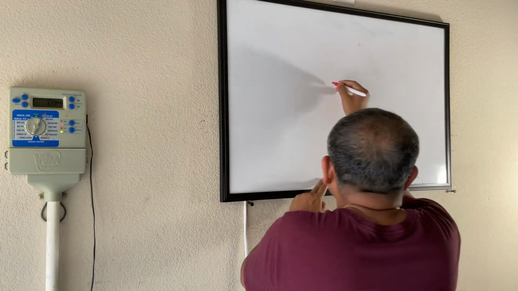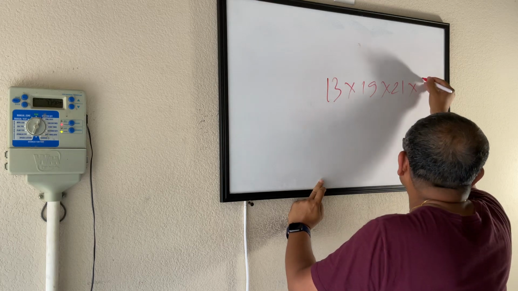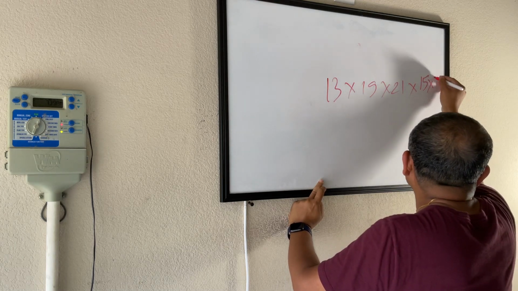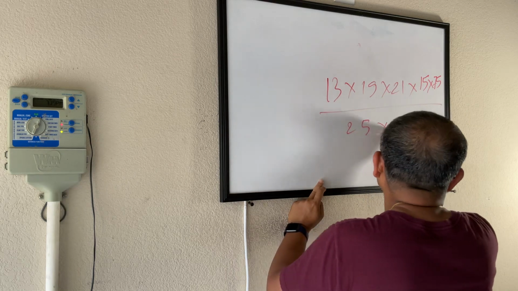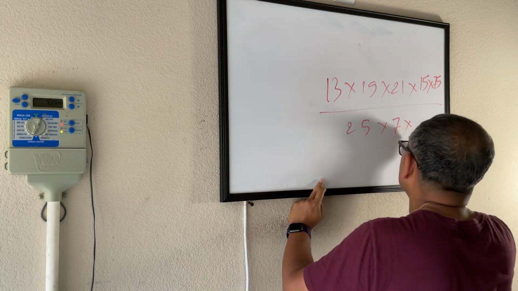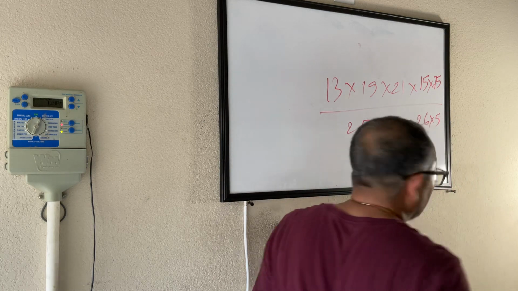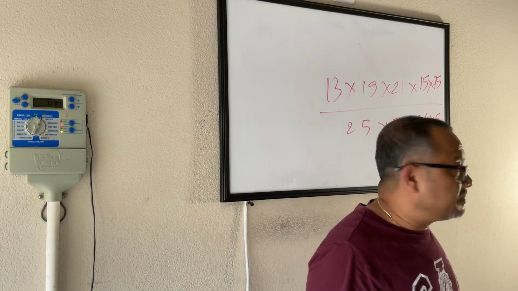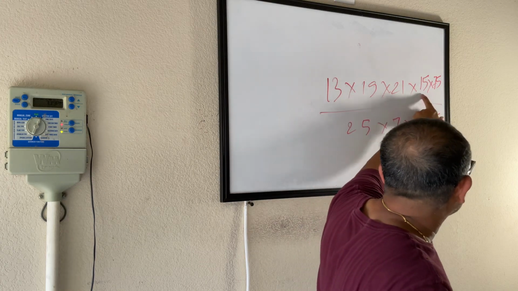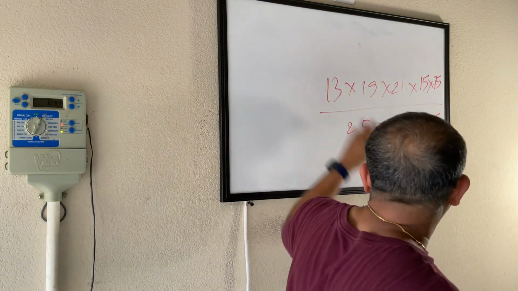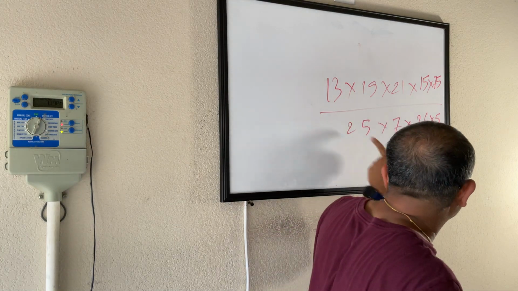If somebody says 13 into 19 into 21 into 15 into 75 divided by 25 into 9 into 7 into 26 into 5. The simplest approach would be you multiply this with this, then you multiply with this, then you multiply with this, then you multiply with this. And then once you have done all the multiplication for the numerator, then you look at multiplying all the denominators.